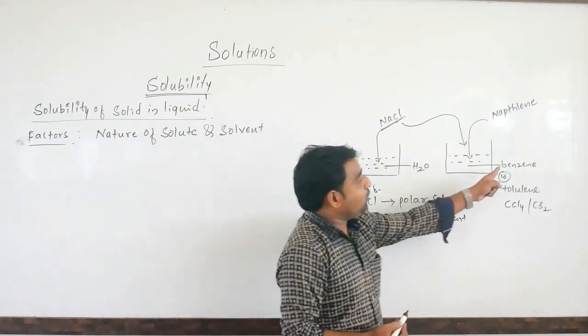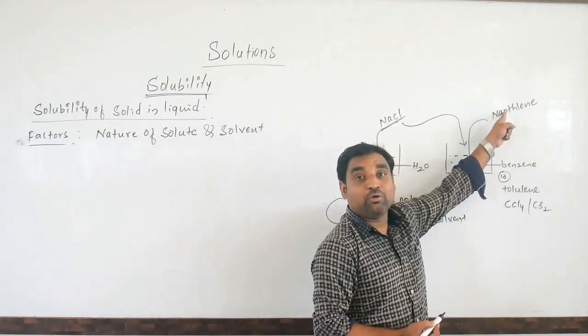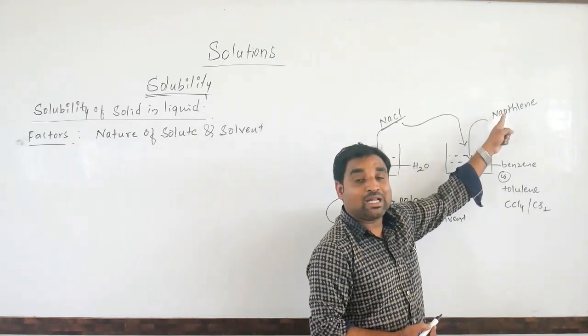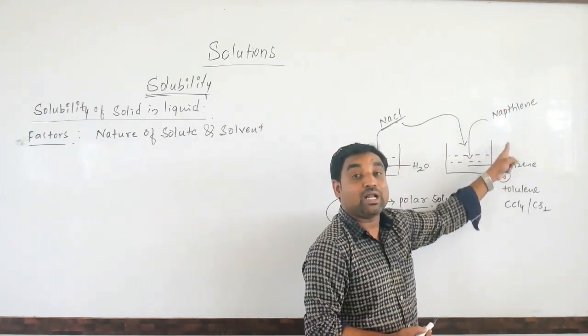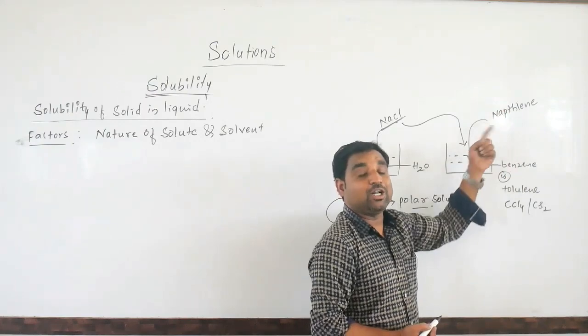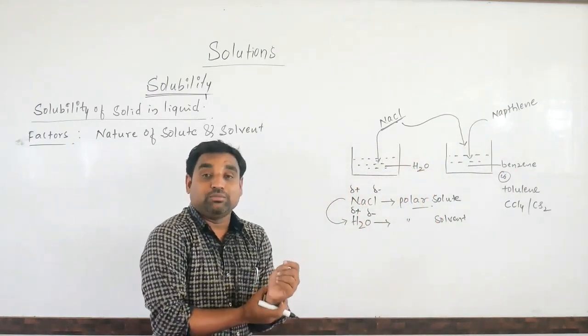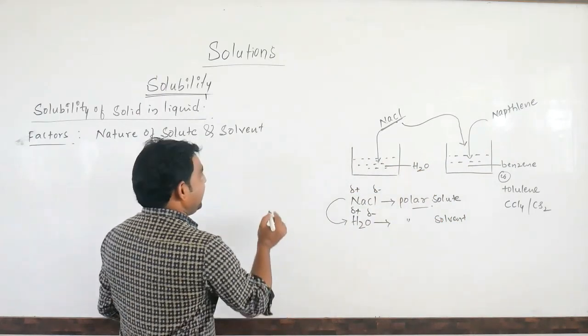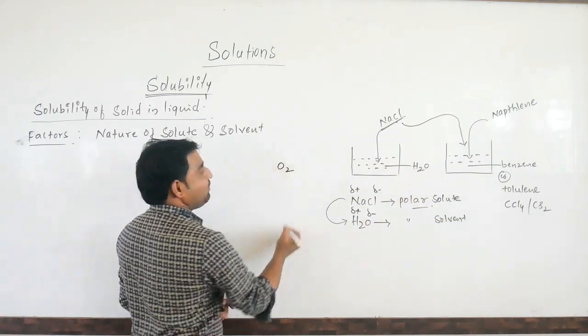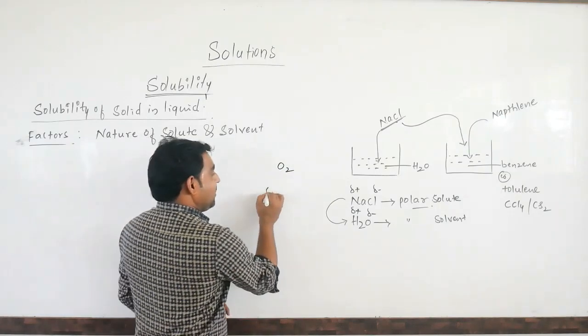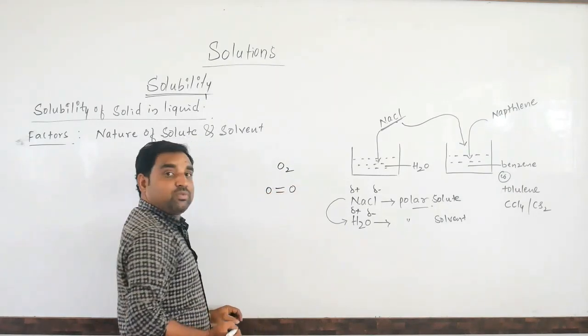This is a non-polar solvent and this is a non-polar solute. A non-polar solute dissolves in a non-polar solvent. We call it non-polar in the sense that there is no charge separation between the two atoms. For example, take oxygen. Oxygen is non-polar, because it is oxygen double bonded to oxygen.